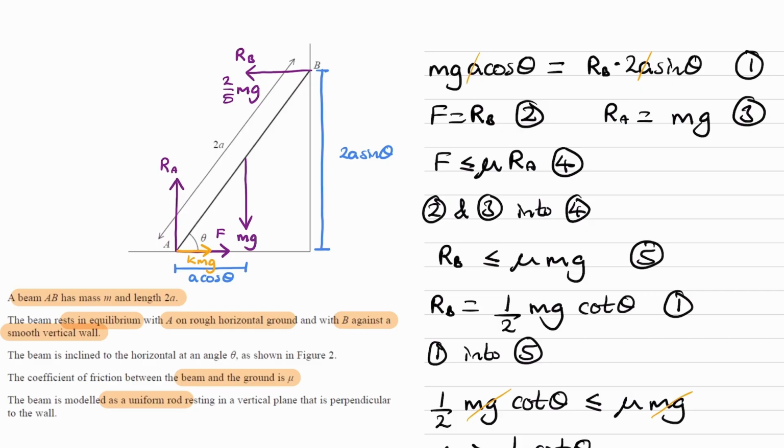So if the frictional force were to act towards the right, that force is actually bigger than the 2/5 mg, the 0.4 mg that we have acting towards the left. Therefore, we can't have an additional force of kmg acting towards the right, as the overall force towards the right will be bigger than the overall force towards the left. So therefore, the frictional force has to act towards the left.